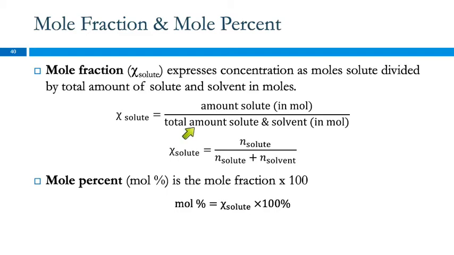That would be the moles of solute and the moles of solvent. That's the mole fraction, and that's given the symbol Greek letter chi. So chi solute is the mole fraction of the solute. That's going to equal the number of moles of solute divided by the number of moles of solute plus the number of moles of solvent. If we want the percent, we've got the part over the whole, and we just multiply by 100 to give it a percent.